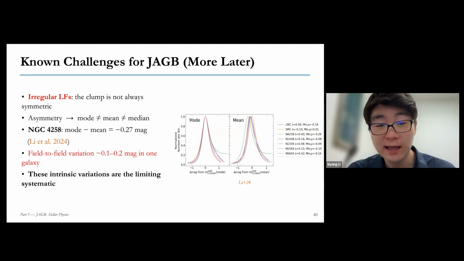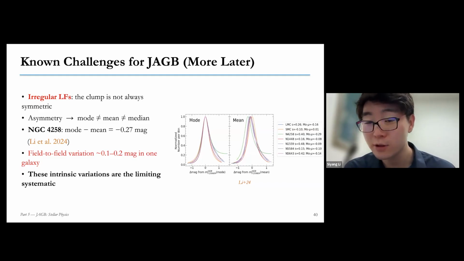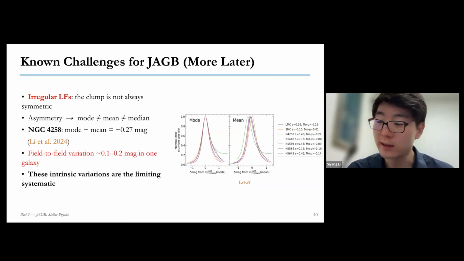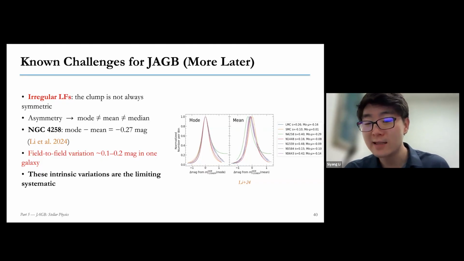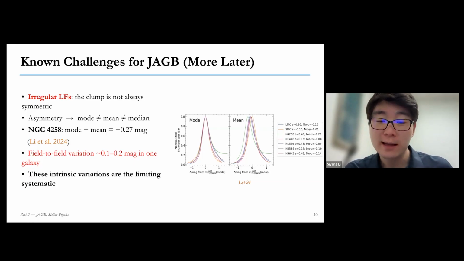That causes variations depending on which statistic or measurement approach you apply to measure the JAGB. There's also field-to-field variation, similar to what the CATS found in their work for the TRGB. The JAGB isn't always consistent depending on which field you look at, even in the same galaxy. These variations currently limit the applications of the JAGB.